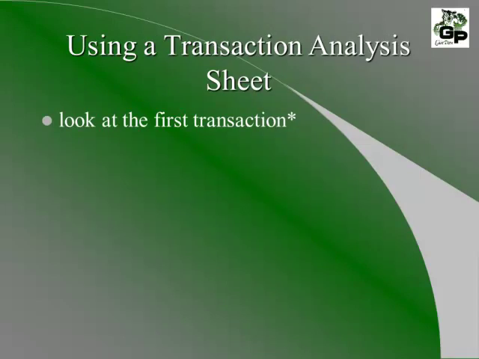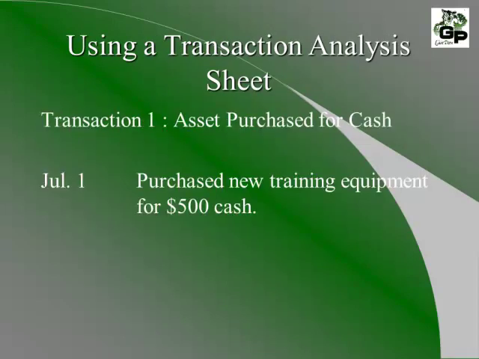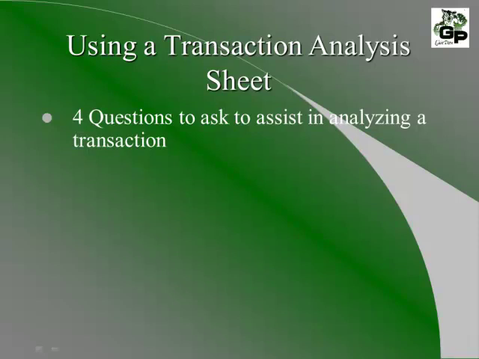Now let's take a look at the first transaction. Transaction number 1 is an asset purchase for cash. The date is July 1st. On July 1st, Goldman's Gym purchased new training equipment for $500 cash. We need to ask ourselves 4 questions when we analyze a transaction.